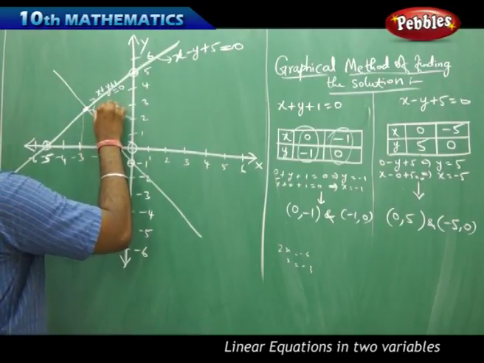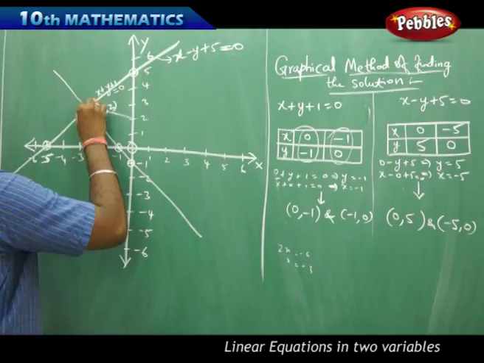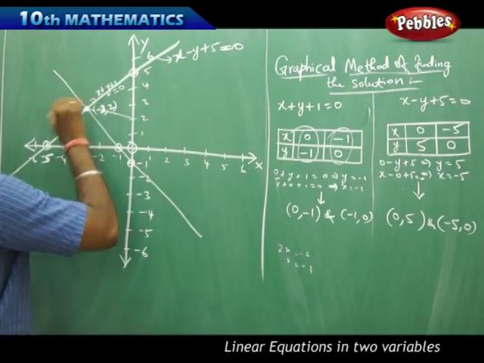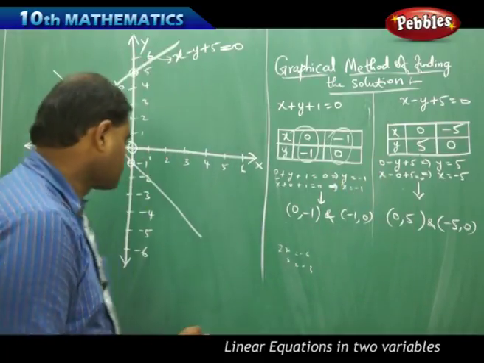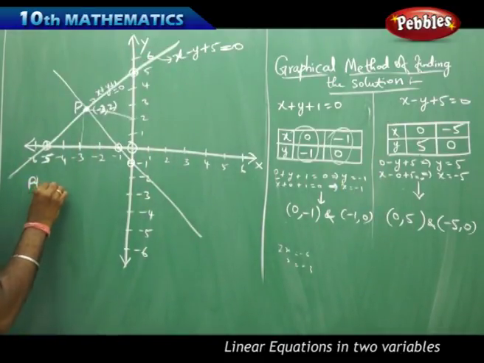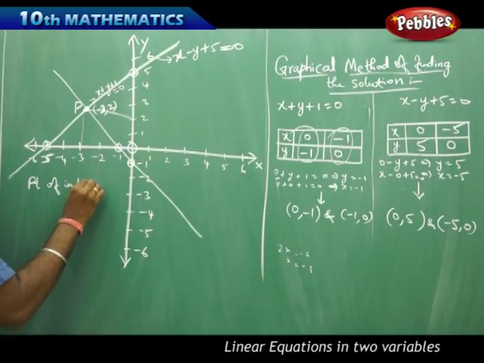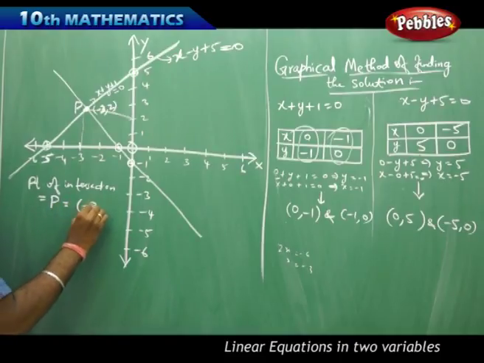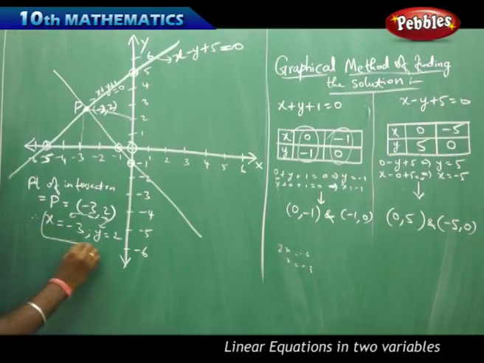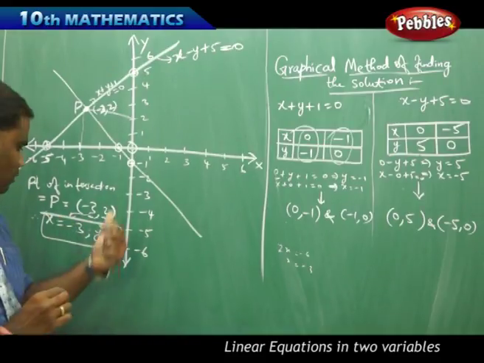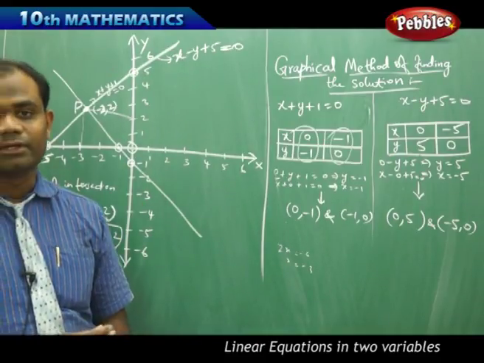So this is the point of intersection which I obtain here, and the point of intersection decides the solution of the given linear equations. Therefore, the point of intersection is here, P, which is -3, -2. Therefore, this value of x and this value of y will be nothing but the solution of the given linear equations.